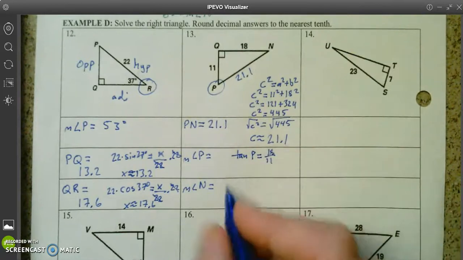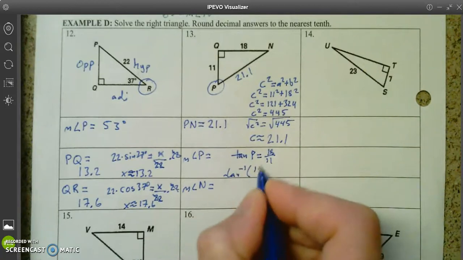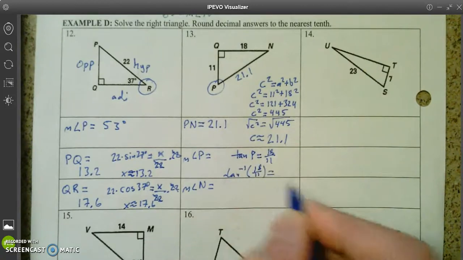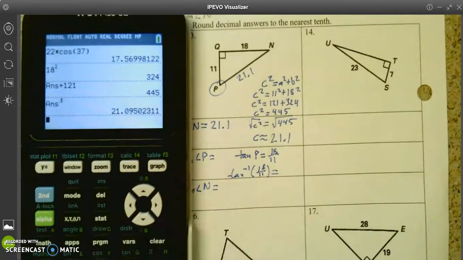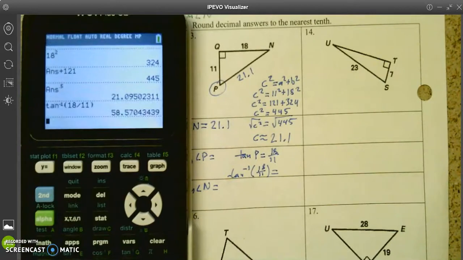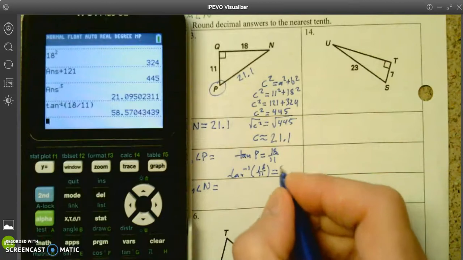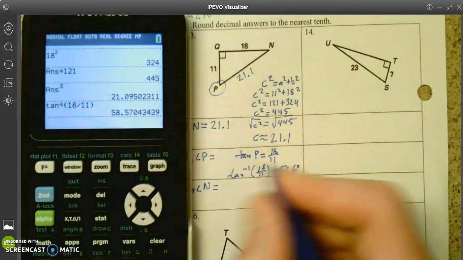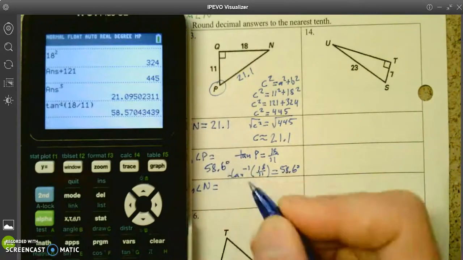So then I'm going to take the inverse tangent of 18 divided by 11. And so that gives me about 58.6 degrees. So the measure of angle P is about 58.6 degrees.